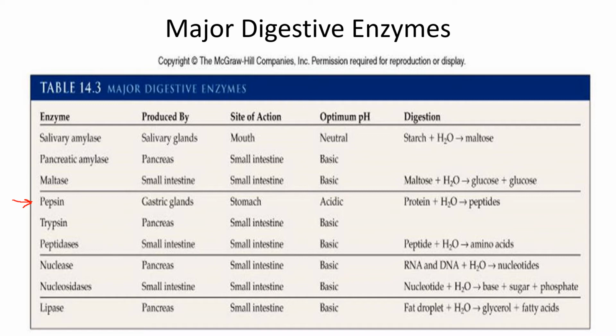So again, the main point of the acidity is to unravel proteins. We need to unravel proteins and disassociate the polypeptides so that pepsin can get in there and break peptide bonds. Pepsin, once it leaves the stomach, stops doing anything. So it has the wrong shape at basic and neutral conditions. It only has its active shape when it's somewhere very acidic.